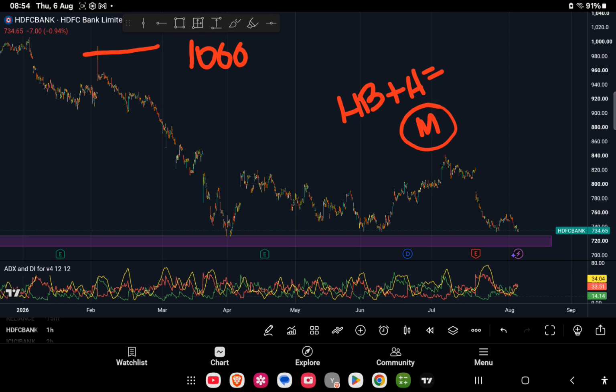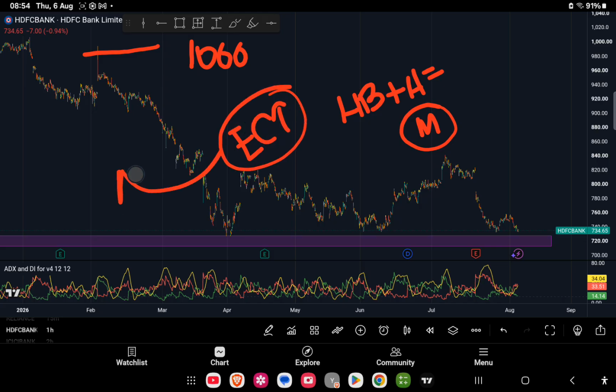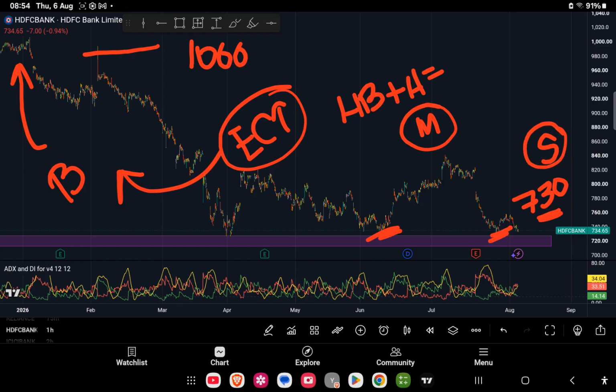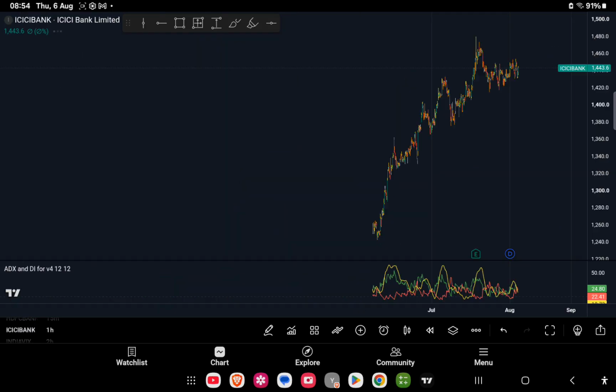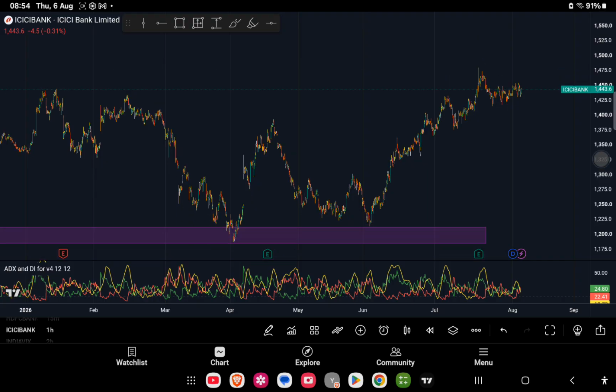Also, whenever there is economic tension, it first hits the banking sector, and especially HDFC Bank, because it is closely linked with Nifty's performance. But the support is intact here, where 730 is going to be the strongest support. Also the Q results were not good for HDFC Bank.